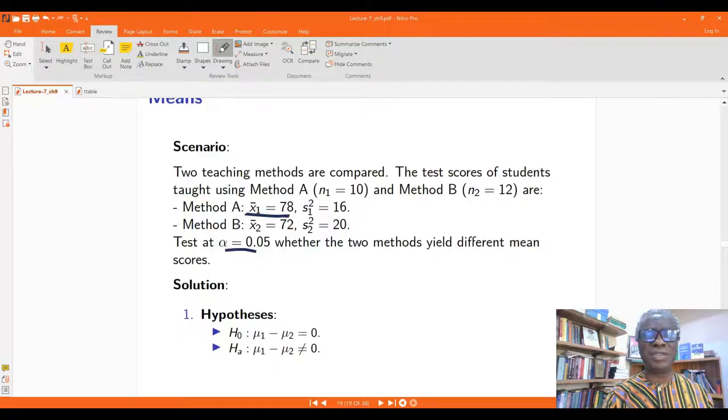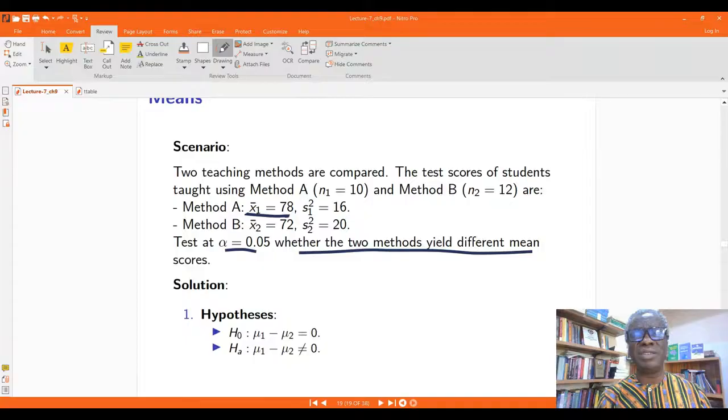So what we want to establish is, can we say the two methods yield different mean scores? It's like also saying whether the two methods yield the same result performance wise or not.